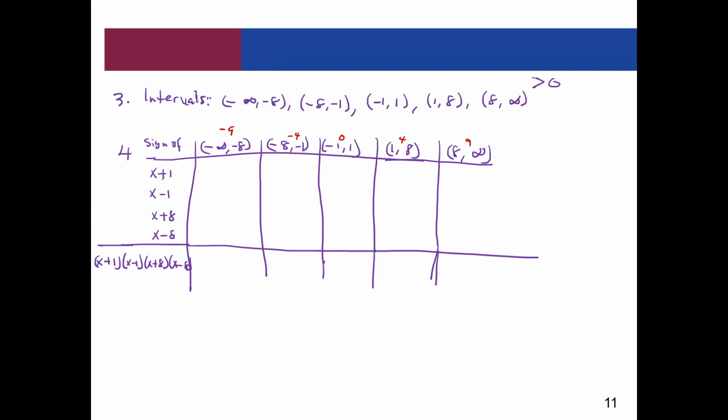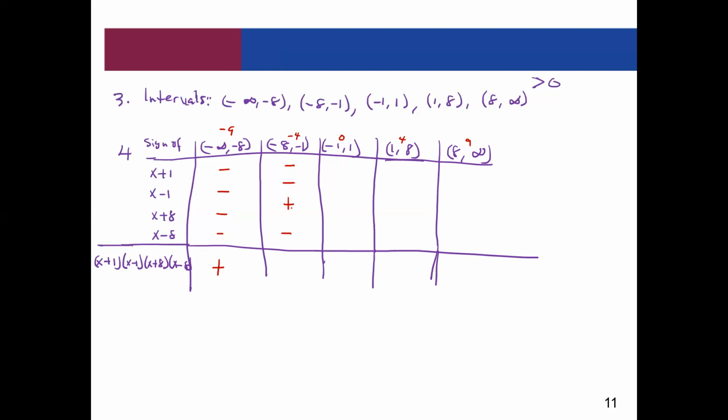Okay, negative 9: x plus 1 is negative, x minus 1 is negative, x plus 8 is negative, and x minus 8 is also negative. Negative times negative is positive, negative times negative is positive, so the product is positive. Now let's go to the second one, negative 4. This will be negative, that will be negative, this will be positive, the third one, and that also will be negative.